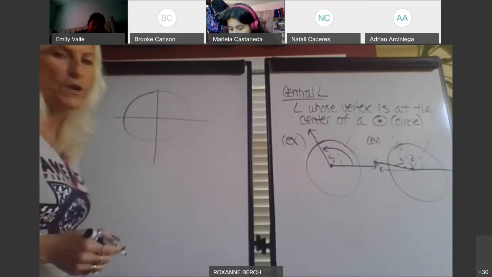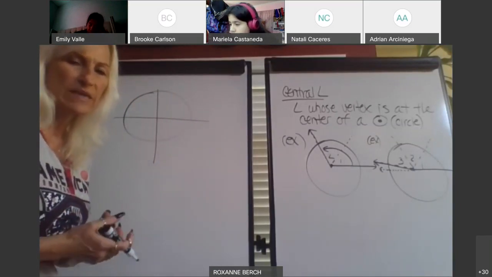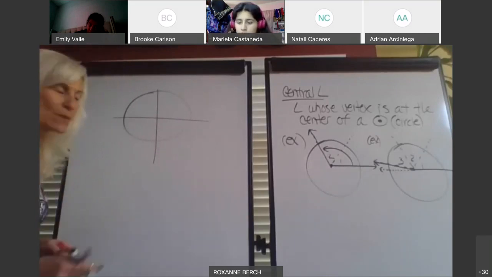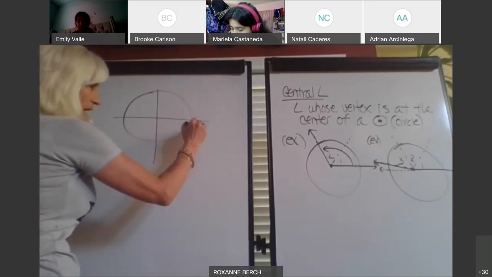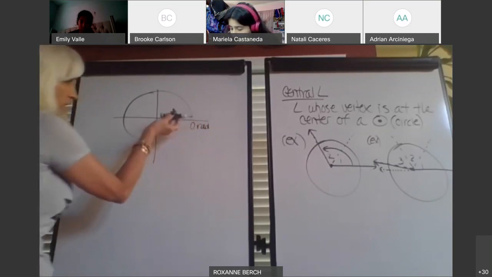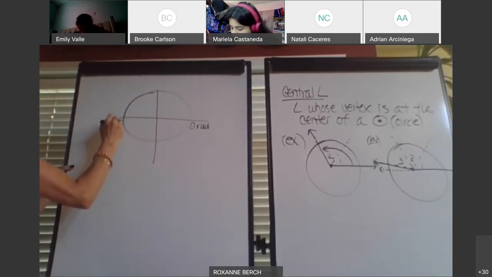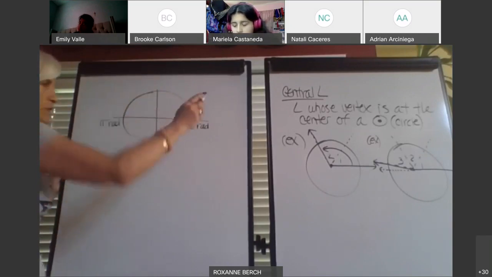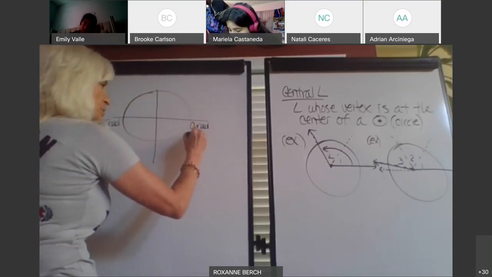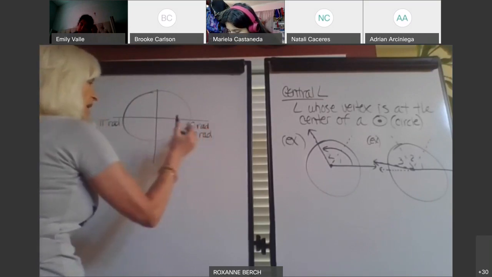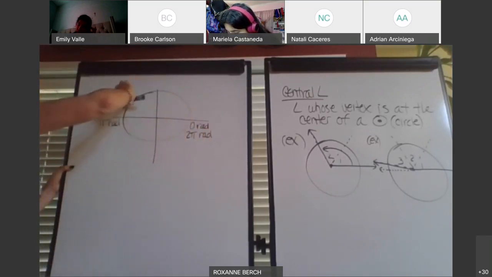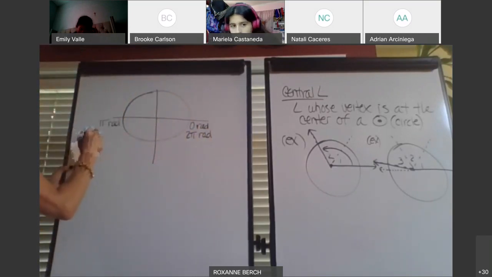Something that's going to be very important for you to know is something that I call landmarks. And here are the landmarks. This is 0 radians. If I go half a revolution, that's pi radians. If I go a full revolution, it's 2 pi radians. If I go a full revolution plus a little bit more, it's 3 pi radians.